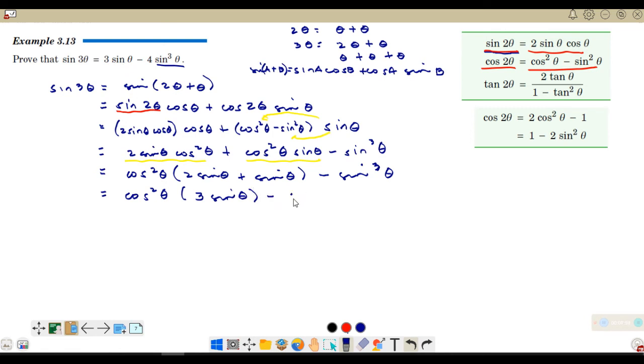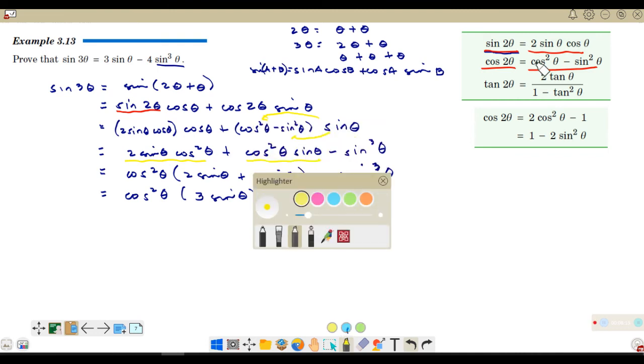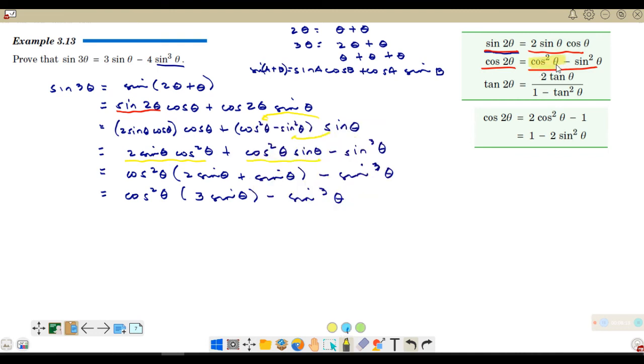But we're not done yet. Because all of these terms are in sine function. But we still have cosine squared theta. Saan equal si cosine squared theta? So here, you will see that we actually have a value for cosine squared theta by the use of cosine 2 theta and sine squared theta.